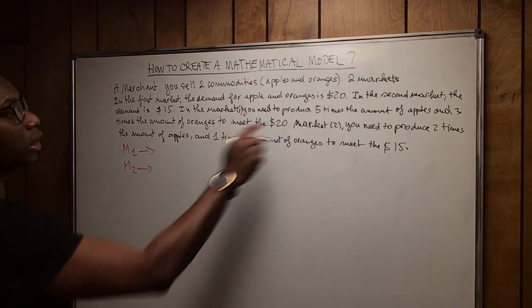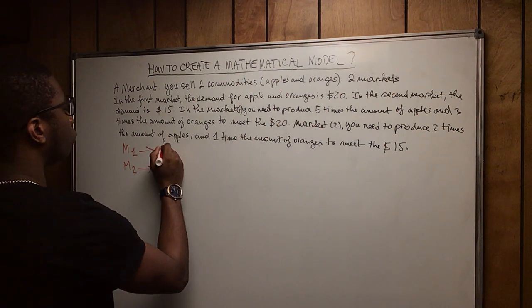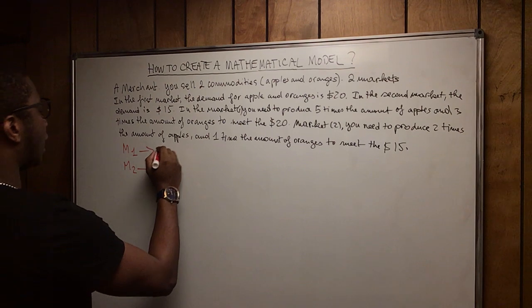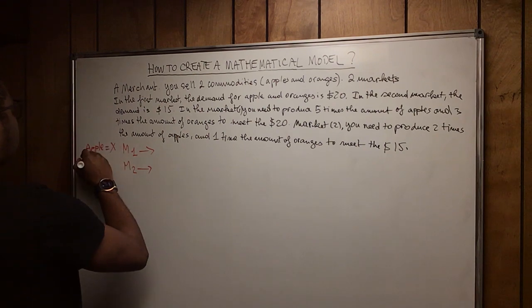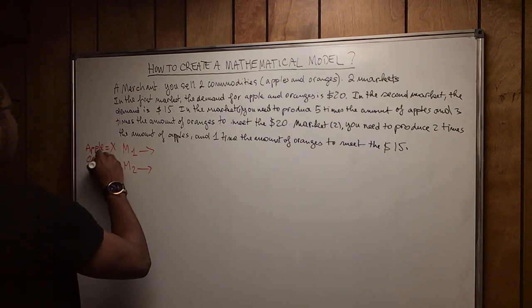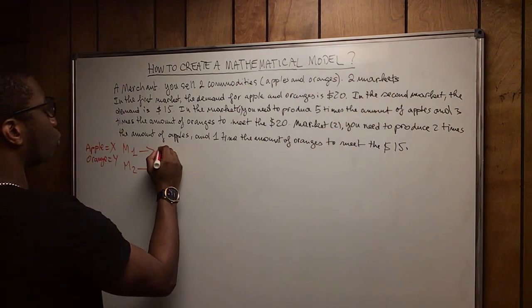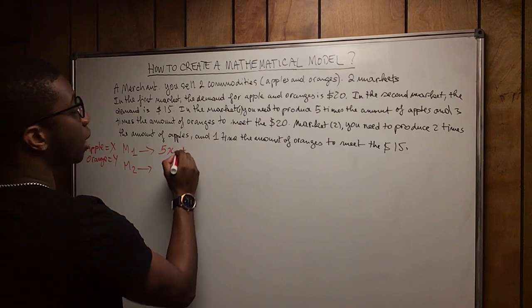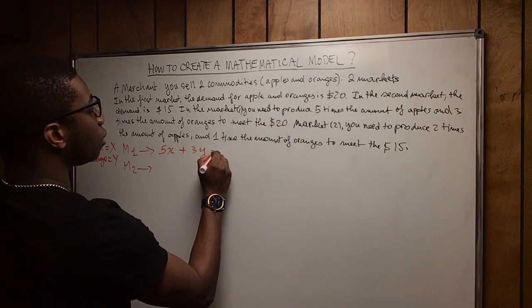In market 1, you have to produce 5 times the amount of apples. Let's say apple equals X, oranges equals Y. So 5x plus 3y equals 20.